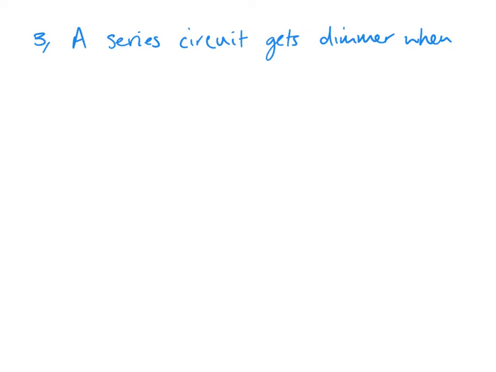This is learning outcome 3. A series circuit gets dimmer as more bulbs are added.